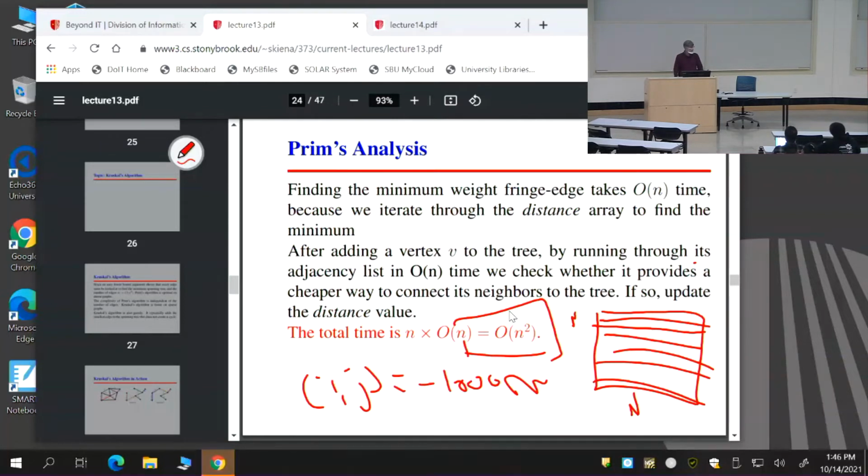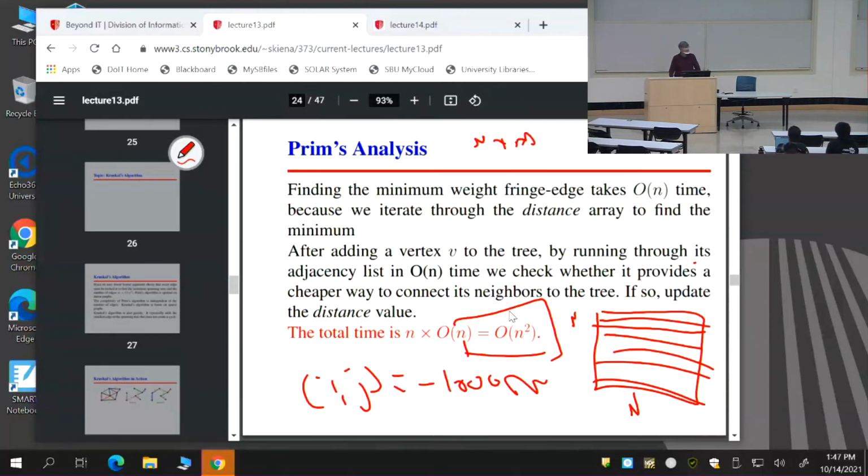Does everybody see it? What is the performance of breadth first search on a graph that's dense? Suppose I give you a very dense graph, a complete graph. What's the time that breadth first search is going to take on it? It was going to take order n plus m.